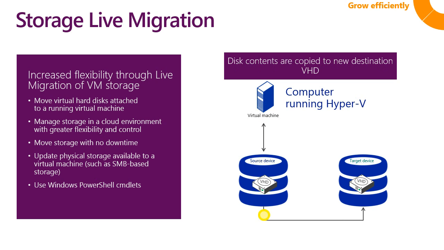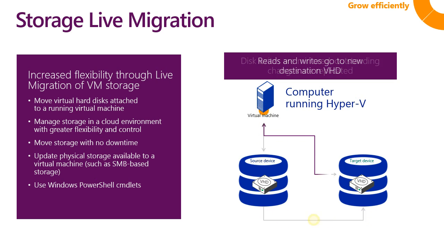We choose to move the data, and the data is copied from one location to another. The original data needs to be written across first, and once it has all the original data, it will start writing data to both locations at the same time. Once it gets to the point where it's in sync, the virtual machine will only be communicating with the new storage location that you specified.